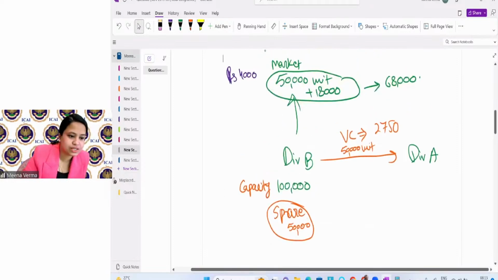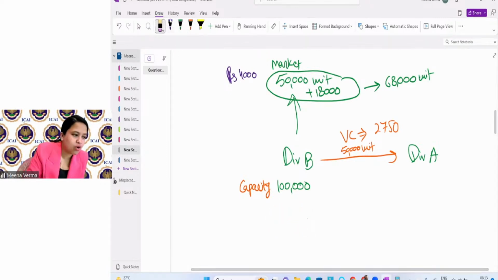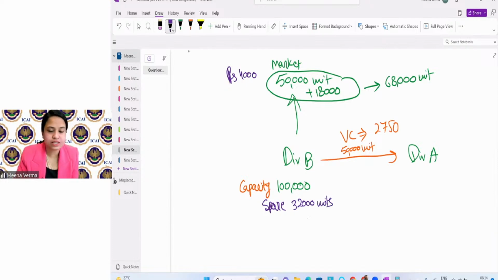Now, you have a spare capacity for internal transfer of only 32,000 units. So at variable cost, you can only transfer 32,000 units.